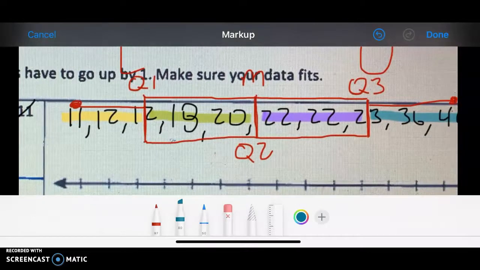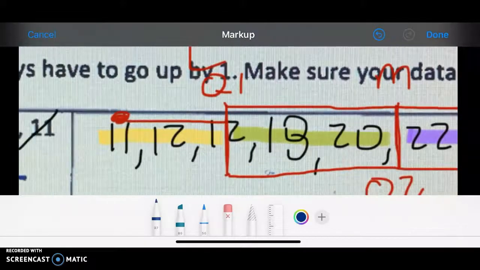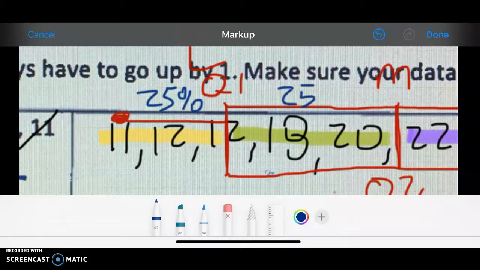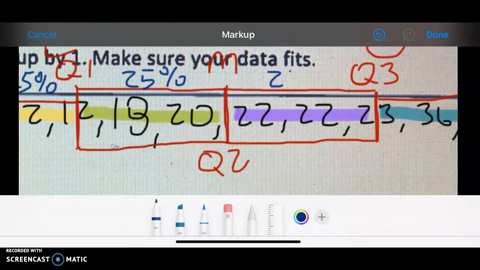So think about quartiles or a quarter. Isn't a quarter 25% of a dollar? Yes, it is. A quarter is 25% of a dollar, so that means that this quarter is 25%. This one is 25%. It's broken up into fourths, 25%.